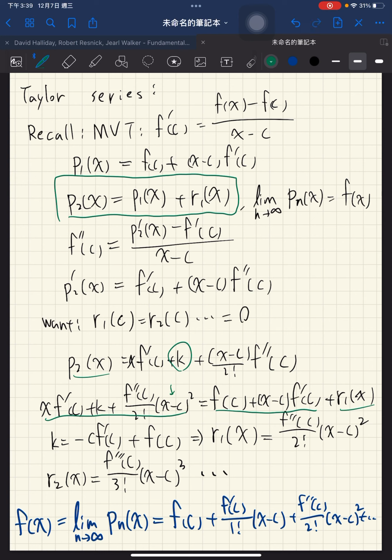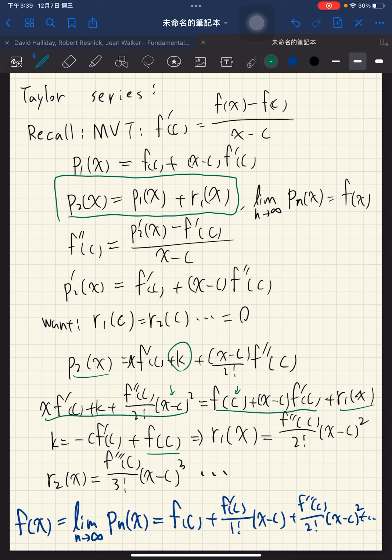So k has to be equal to minus c epsilon c, and here is a term that is not eliminated, so we need to add this term to k.